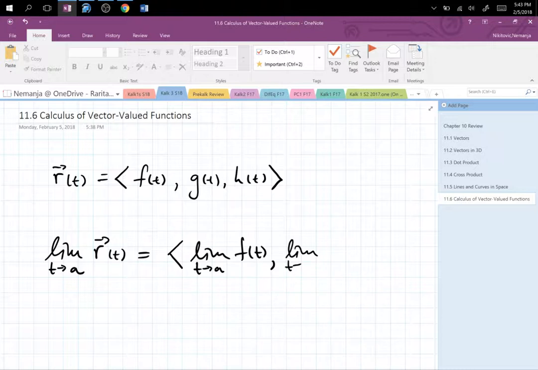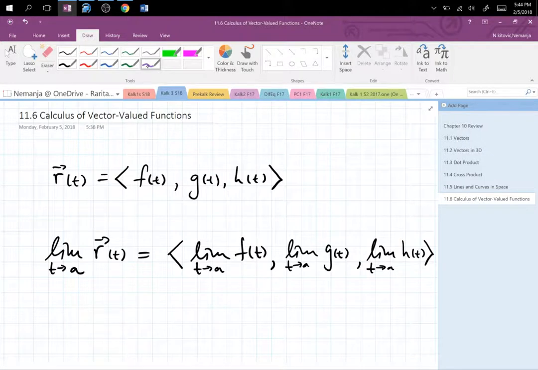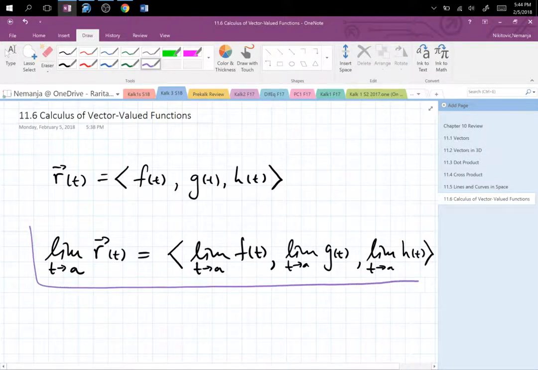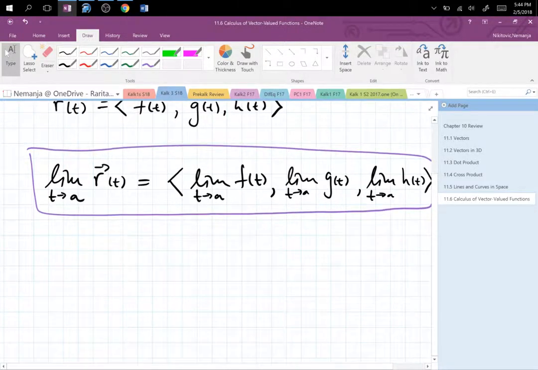So limit t goes to a of g of t, and limit t goes to a of h of t. If you want to call this a formula, you can call it a formula, but it's really not that special.